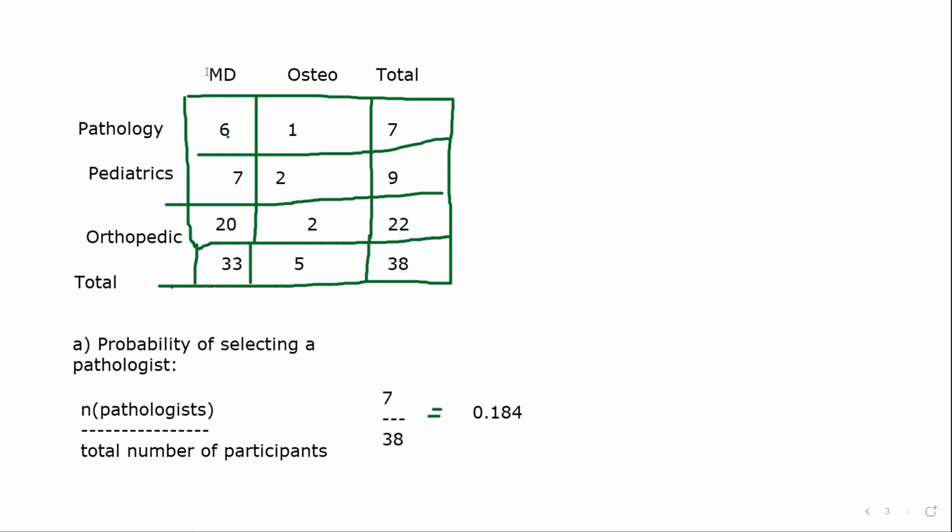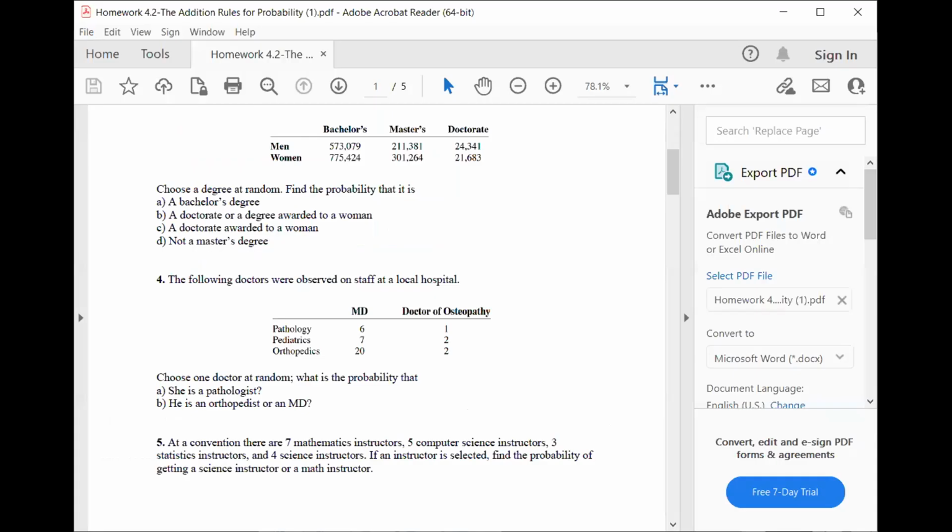Now let's go on to part B, which I think asks us for another one of those where we have to exclude. He is an orthopedist or an MD. Okay, so let's find all the orthopedists. So that's 20 plus 2, right?